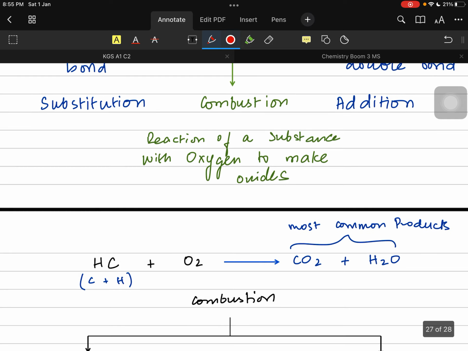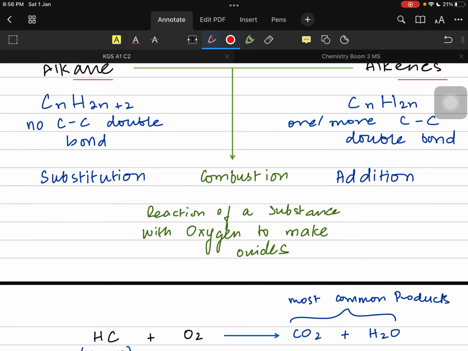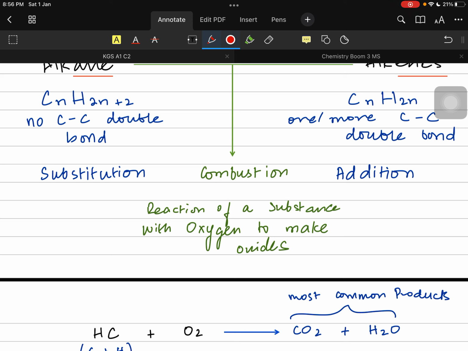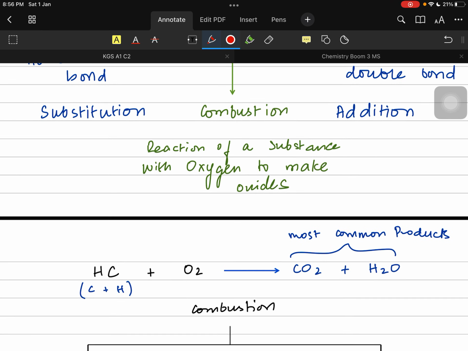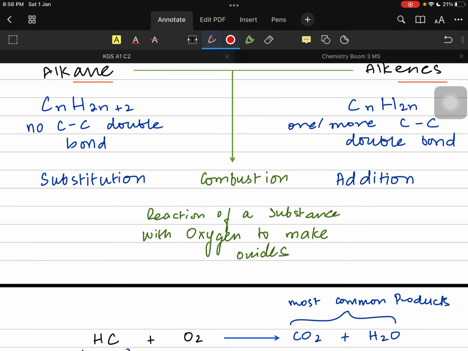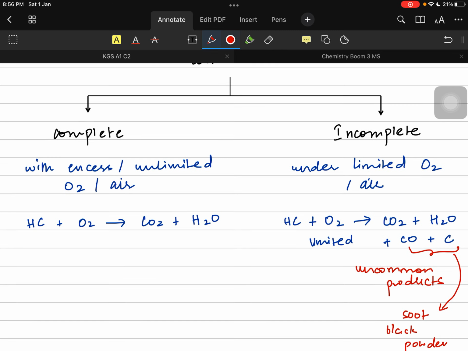So in today's video we talked about the three reactions. We know that the chemical reactions given by alkanes and alkenes are substitution for alkanes and addition for alkenes. We have no idea about these reactions yet. In the coming videos we'll be talking largely about them, but we know combustion is a very common reaction which is given by both alkanes and alkenes. Combustion could be of two types, complete or incomplete. Complete needs unlimited oxygen, incomplete needs limited supply of oxygen.